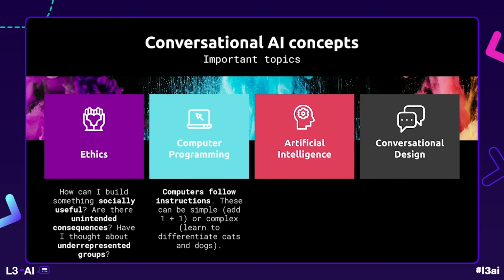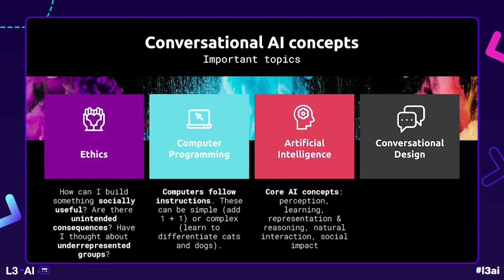And other important concepts about conversational AI include how computers follow instructions, and how they can be very simple or very complex, like differentiating pictures of cats and dogs, which actually leads into the next concept that's important to teach people about artificial intelligence in general.